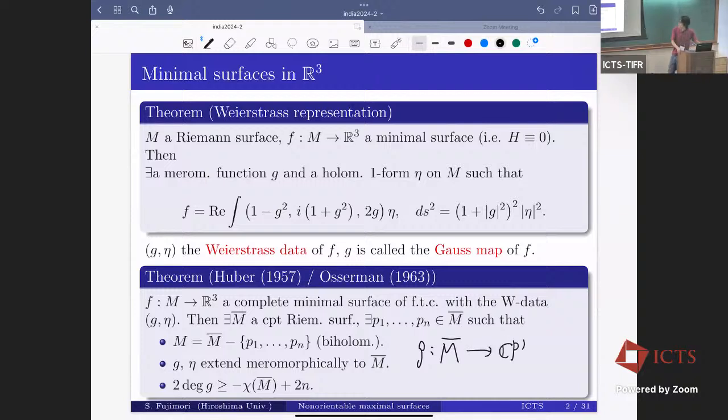So we can define the mapping degree of G. And the degree of G satisfies this inequality: it is greater than or equal to minus the Euler characteristic of M bar plus 2n. And the equality condition is also known.